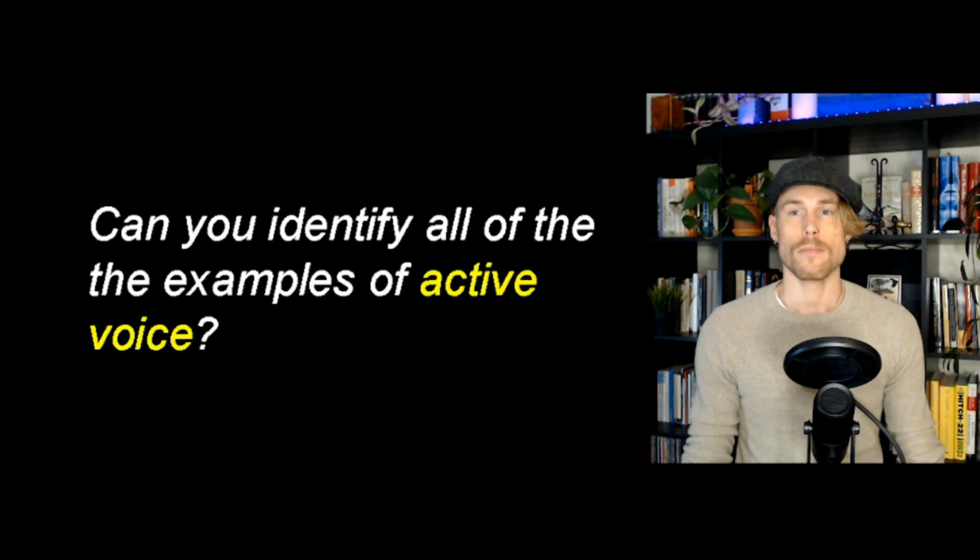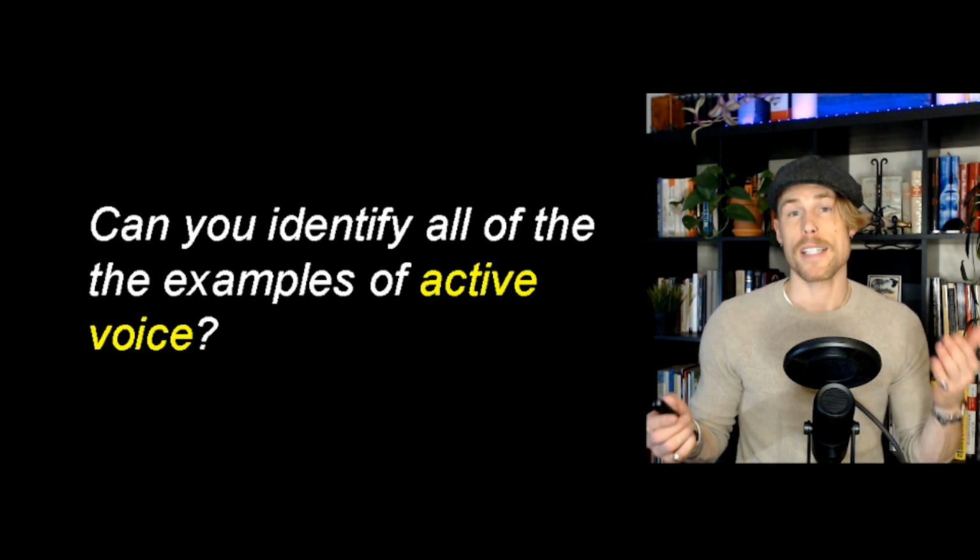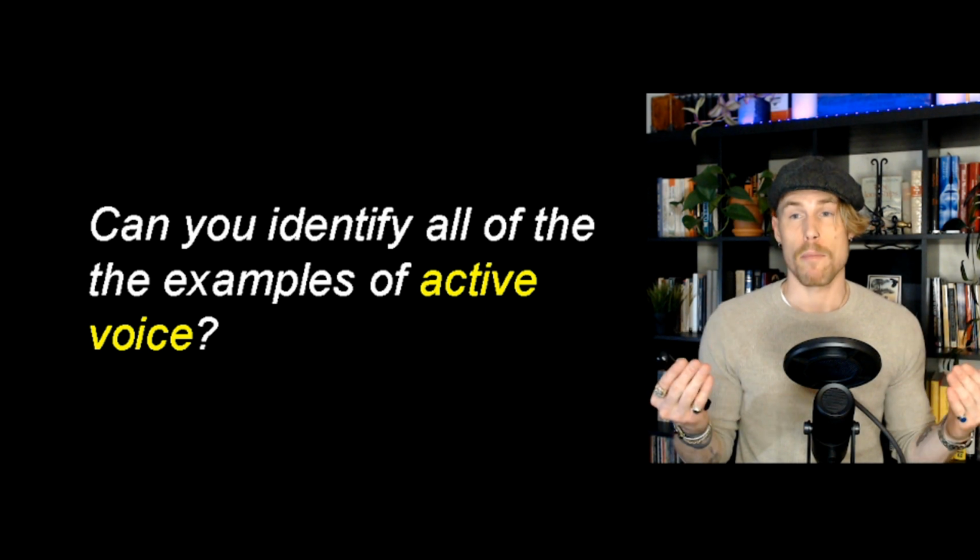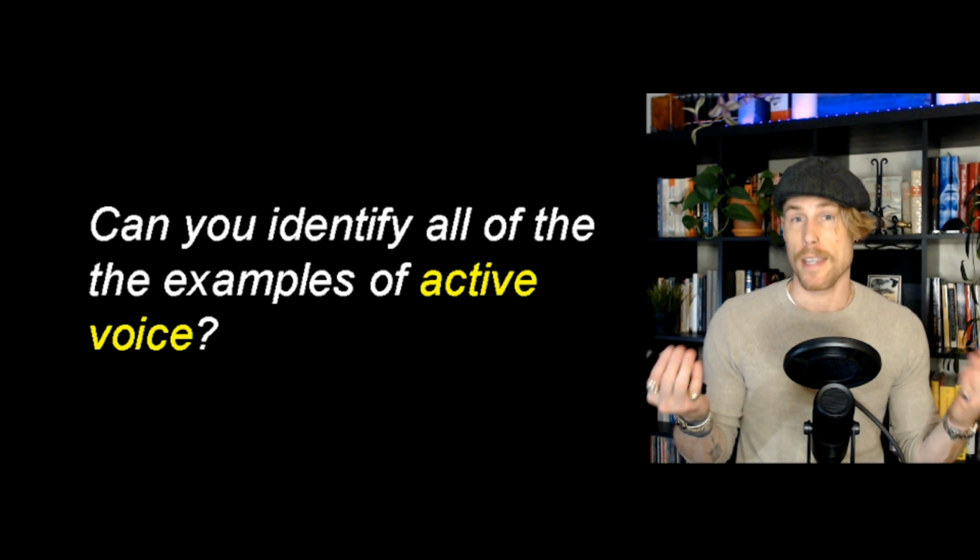Have a look at the short story again. This is the short story we read at the beginning of the lesson. Can you identify all of the examples of active voice in the story? Use the checklist to help you.